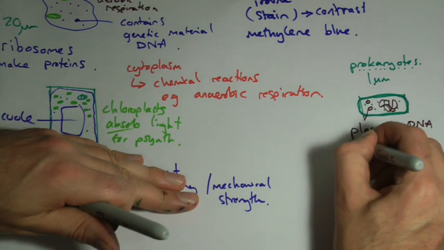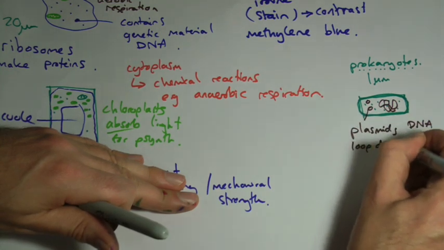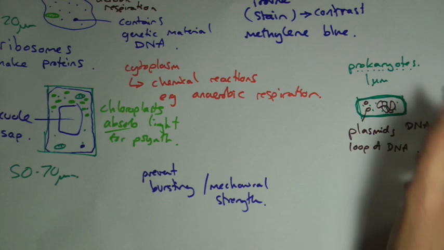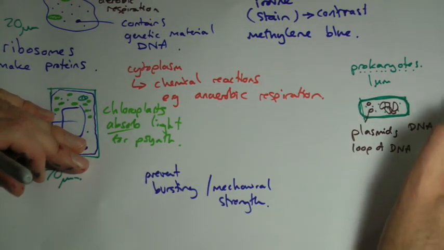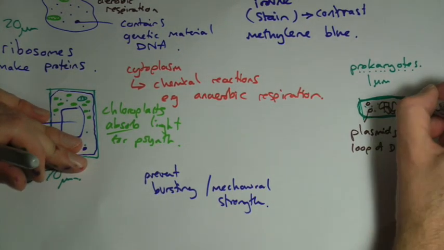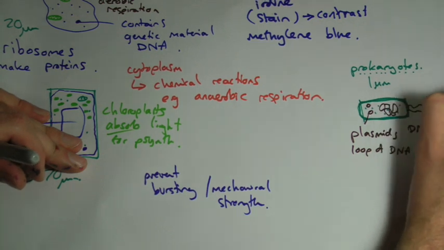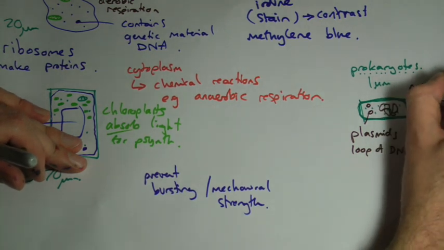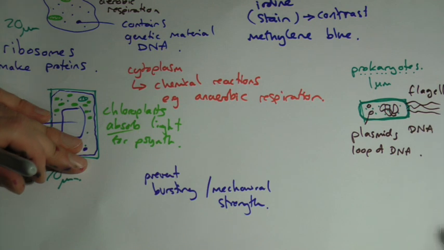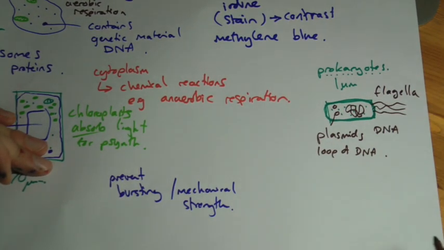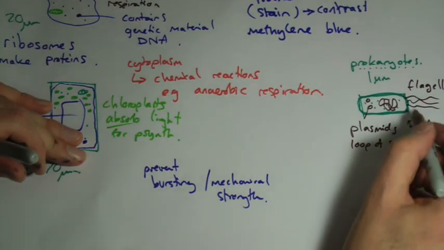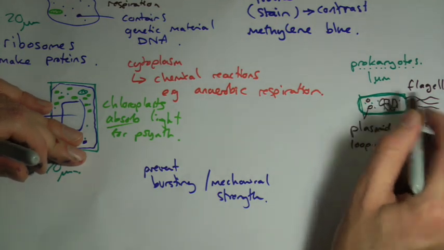Okay, that's a little loop of DNA, and that's got a few genes on there which help the bacteria do various things. They still have a cell membrane. They don't have any mitochondria. Some of them might have one or two or several flagella, which is plural, basically a little tail that allows the bacteria to move around. But the main difference is the nucleus.